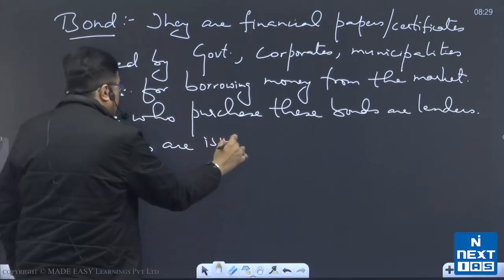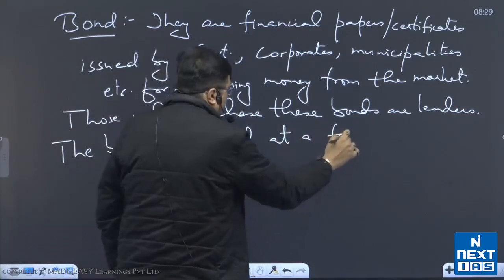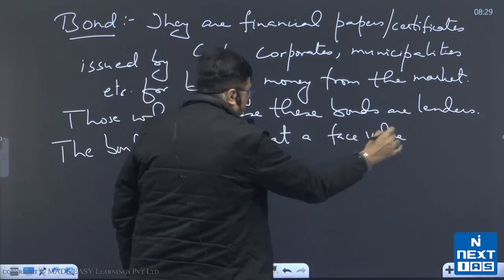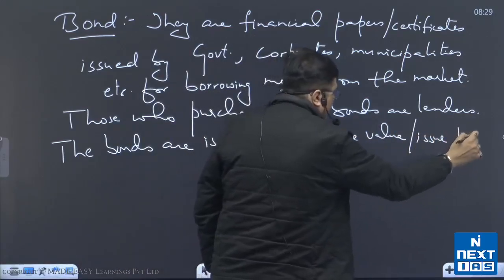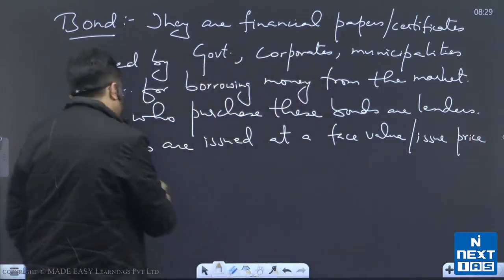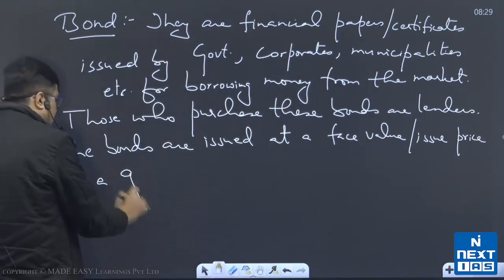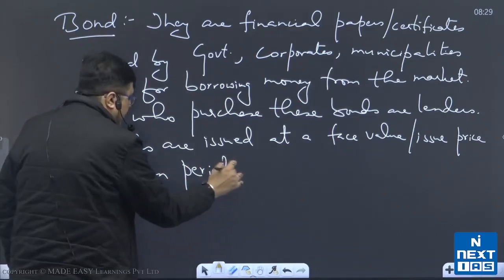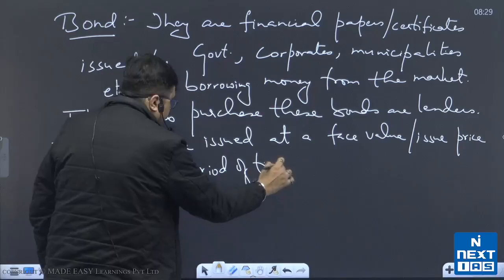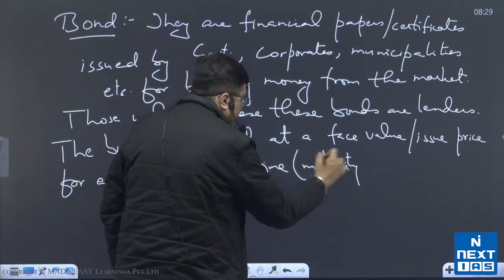The bonds are issued at a face value or issue price for a given period of time. This is called maturity period.